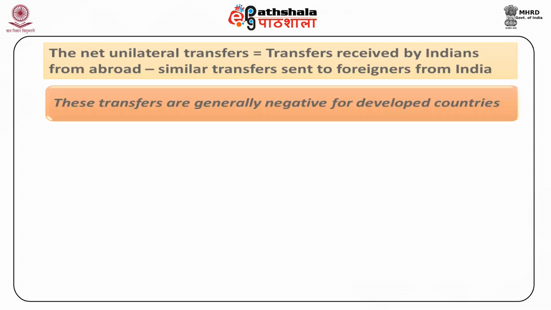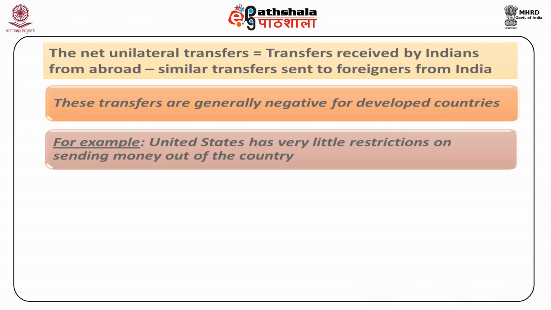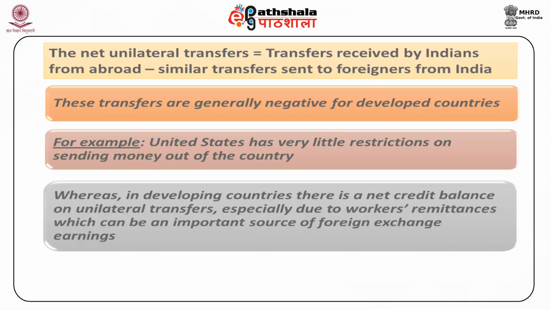These transfers are generally negative for developed countries such as the US as it has very little restrictions on sending money out of the country, whereas in many developing countries there is a net credit balance on unilateral transfers, especially due to workers' remittances, which can be an important source of foreign exchange earnings.